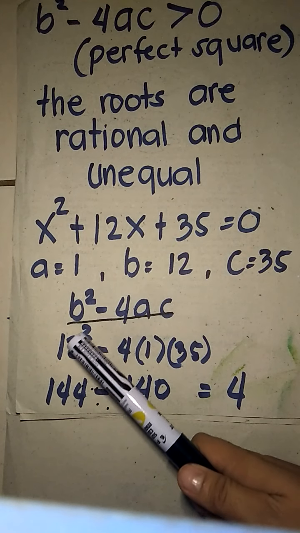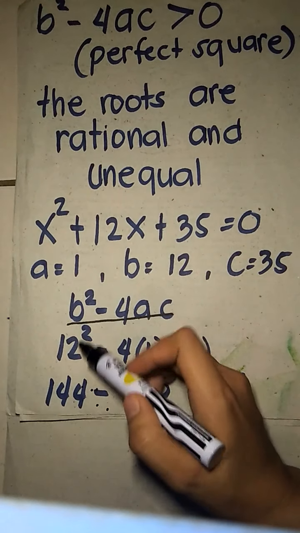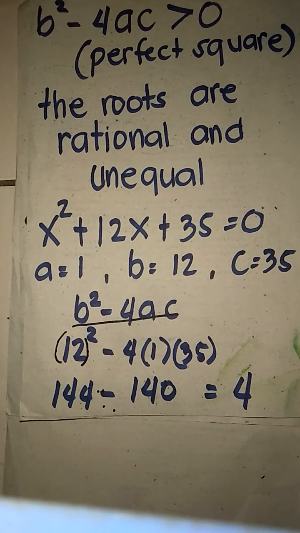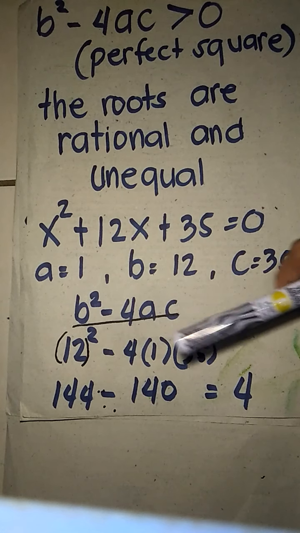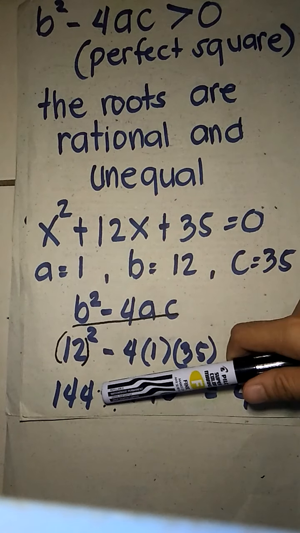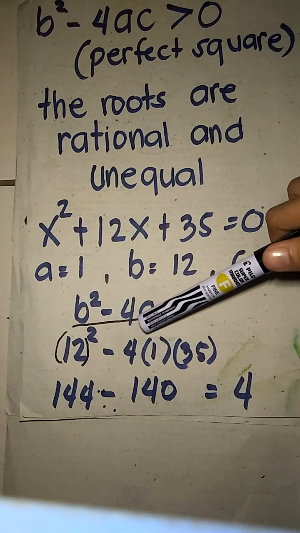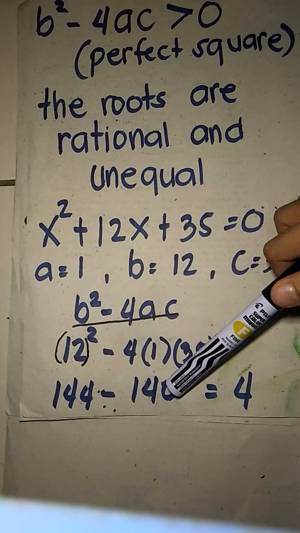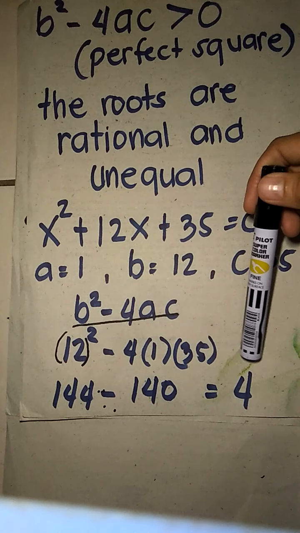That's why 12 to the power of 2. 12 squared minus 4, then a is 1, and c is 35. So 12 squared, that is 144, minus, what is 4 times 1? 4 times 1 is 4, times 35 is 140. So 144 minus 140 is 4.